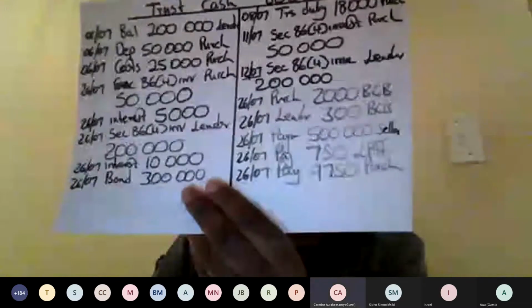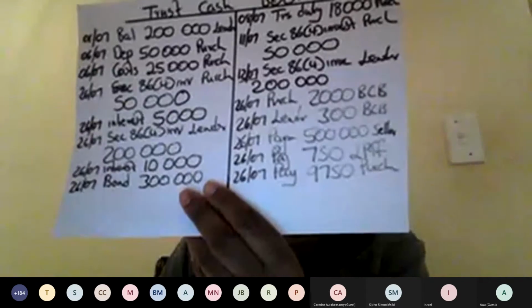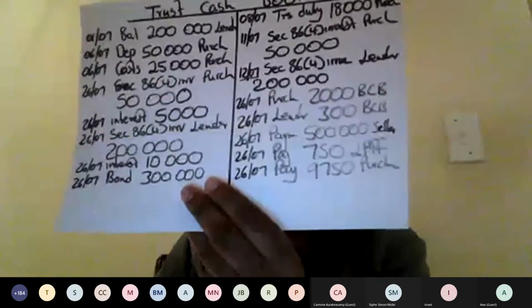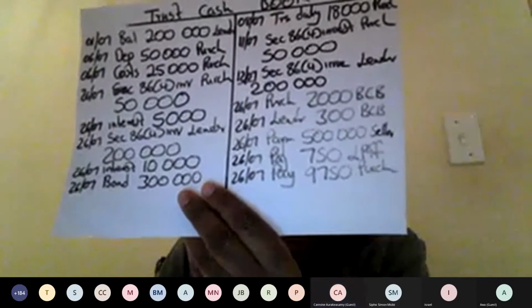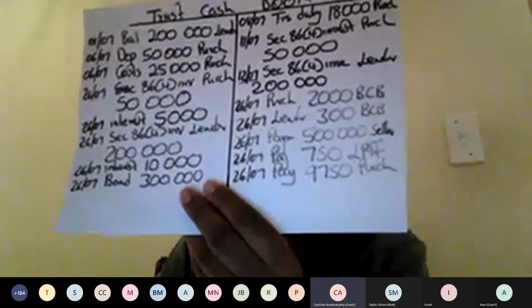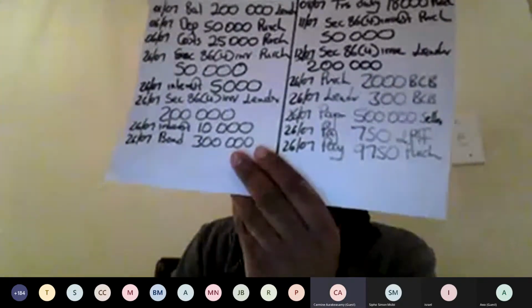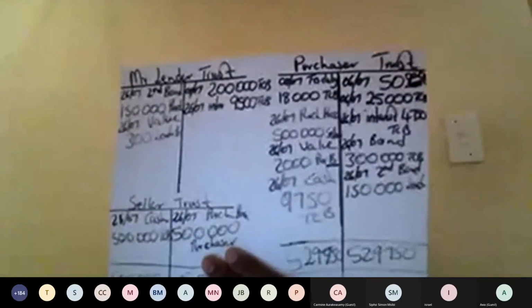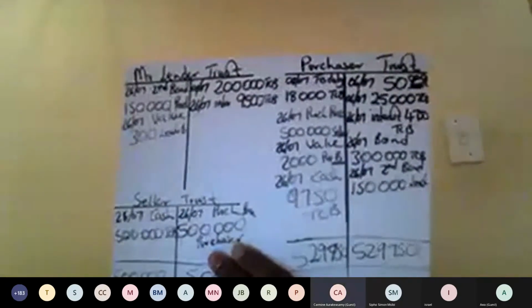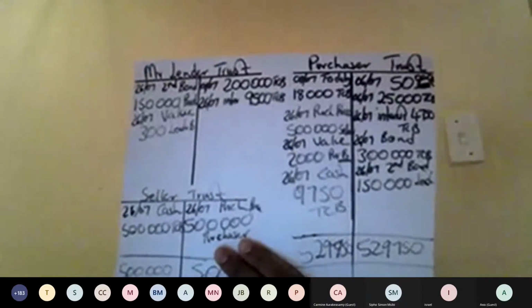On the debit side, you are going to debit 26 of 7, that cash again, 9750 from your trust cash book.